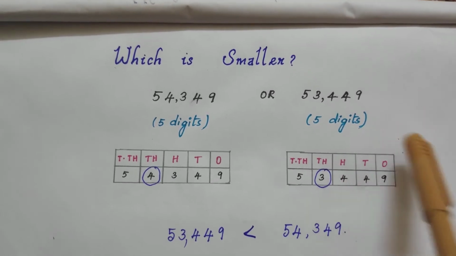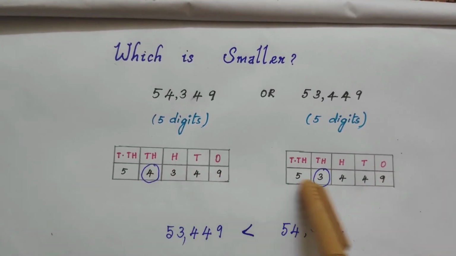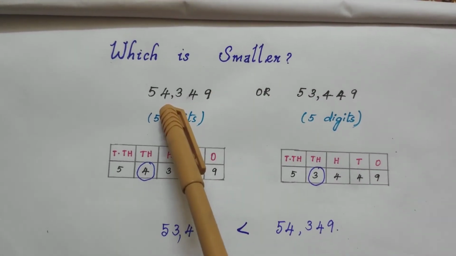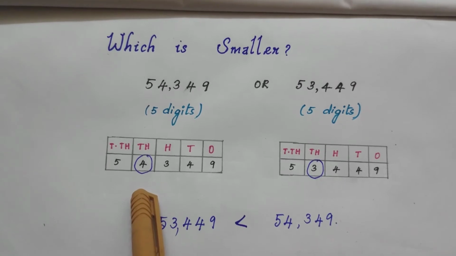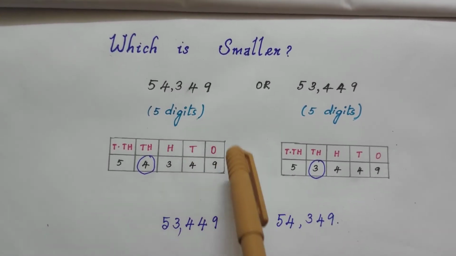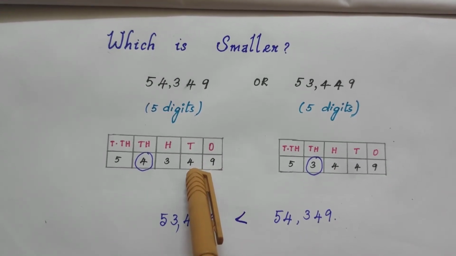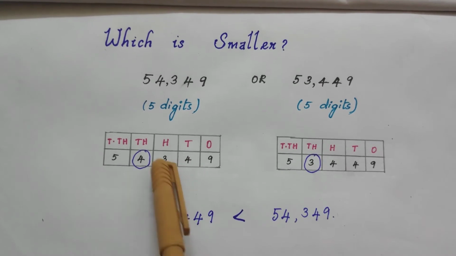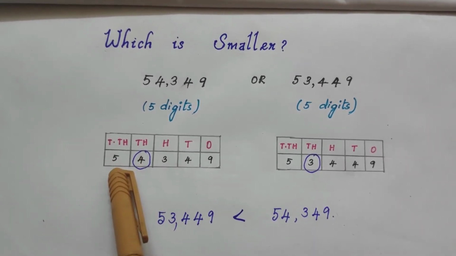To find which is smaller number, we should give place values for both the numbers. Here I have drawn the place value table and placed the digits. So for the first number, I have placed 9 in ones place, 4 in tens place, 3 in hundreds place, 4 in thousands place, 5 in 10,000s place.